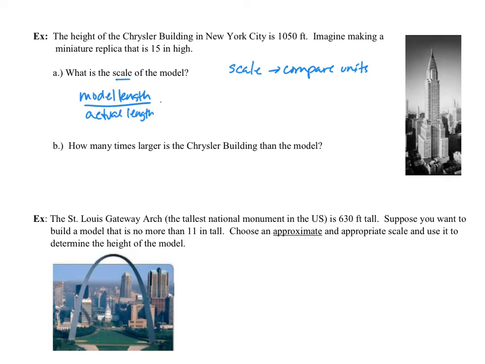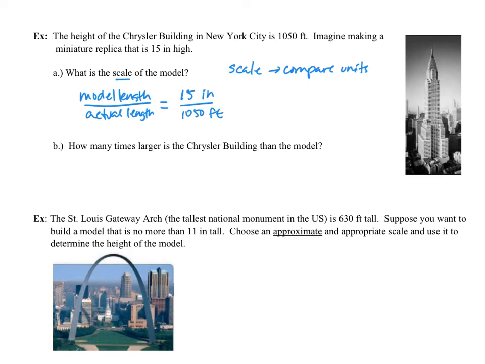We're told that the model is going to be measured in inches and the actual building is measured in feet. So that scale is going to be 15 inches, what we want on our model, will represent 1,050 feet of the actual Chrysler Building.